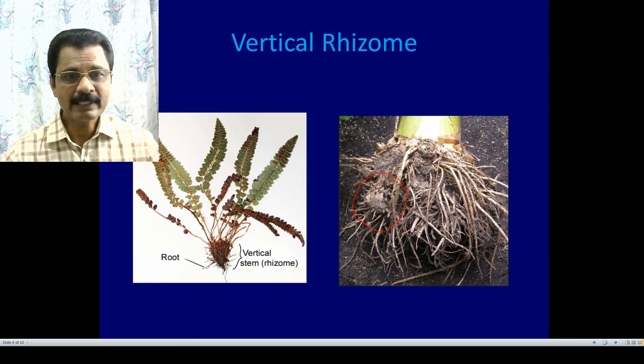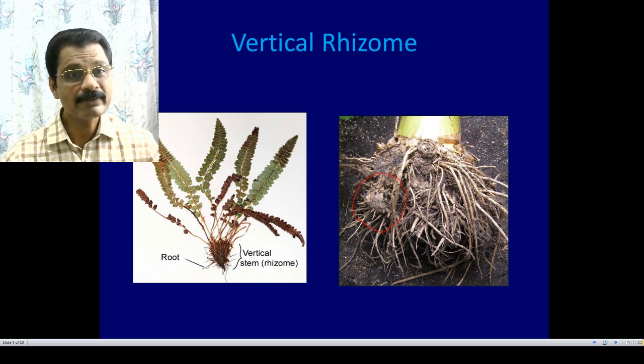Here you can see the fern. The stem is underground and it grows vertically downwards into the soil. And here you can see the nodes and internodes. Here adventitious roots are produced. And sometimes this rhizome is also called a rootstock.